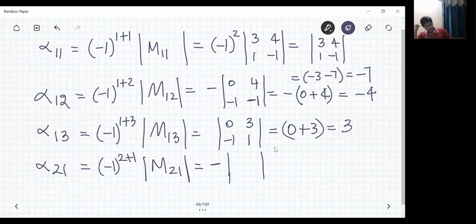So what is M21? 1 1, 1 minus 1. So there is a minus outside. 2 into minus 1 is minus 2. Minus of 1 into 1 is minus 1. So this becomes minus 3 and there is a minus sign outside. Therefore, it will become plus 3.